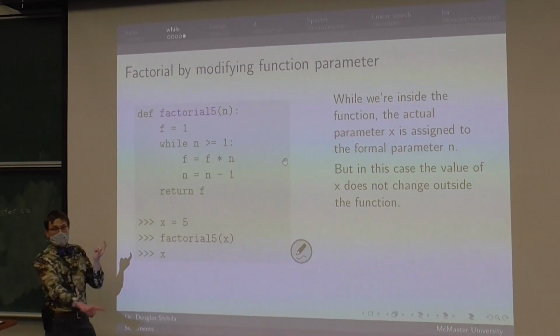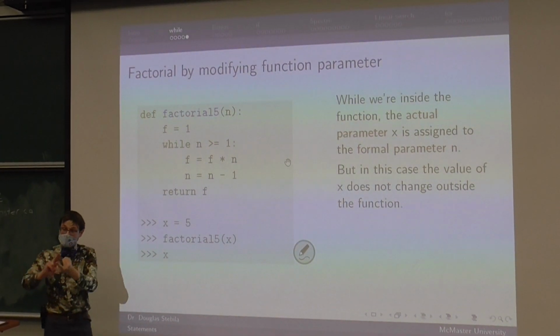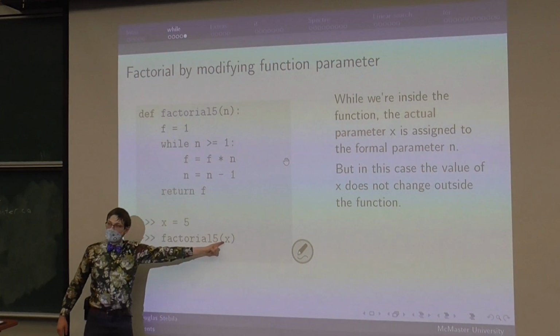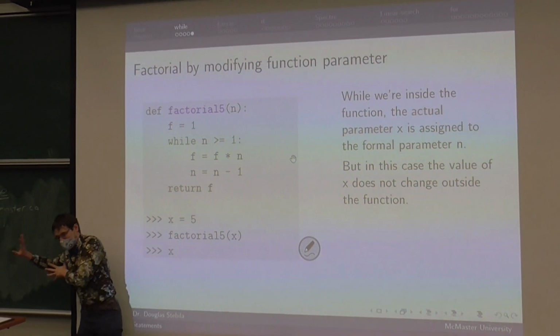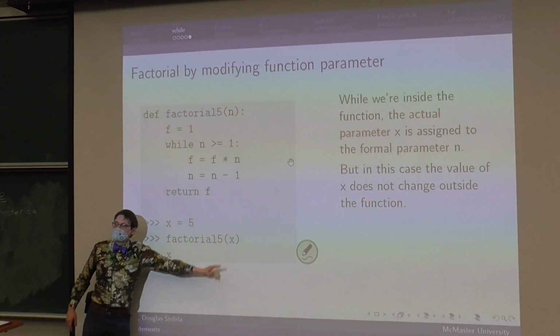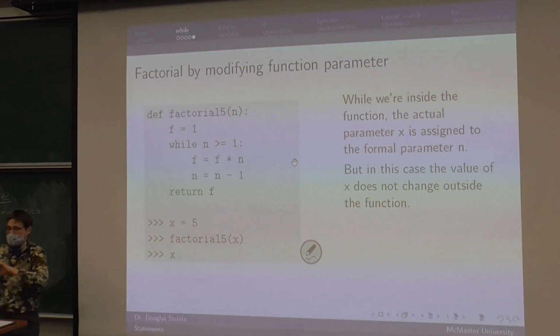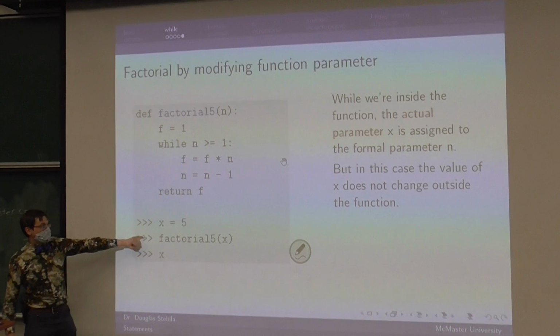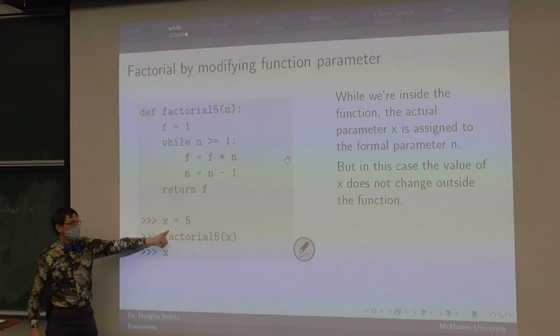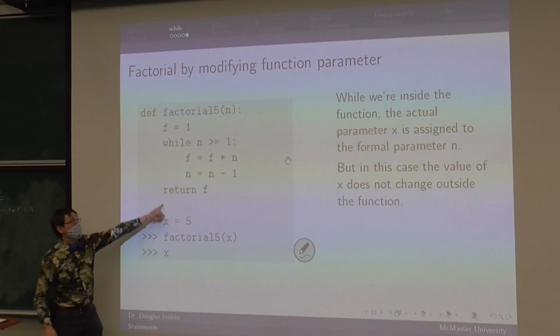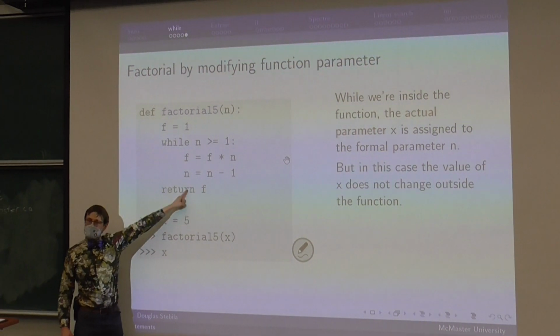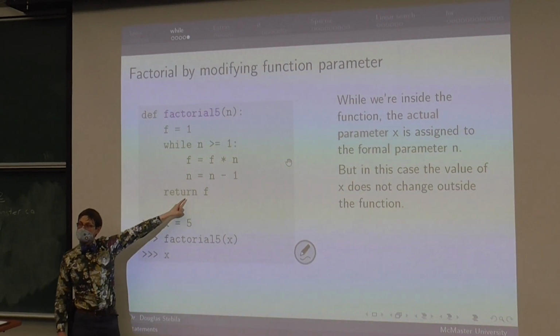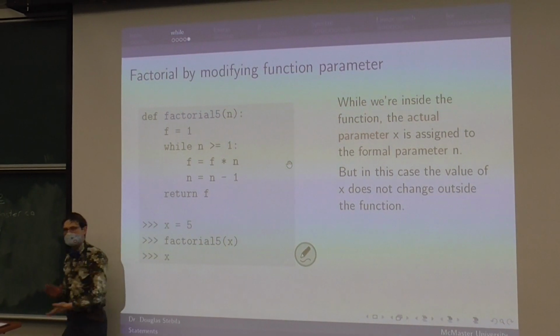It's creating a new variable, assigning it the value that's passed here, and not touching this guy any further. That's the decoupling that occurs with pass by assignment. So if we were to print x here, we would get 5, despite the fact that n has been modified by the algorithm. Make sense?